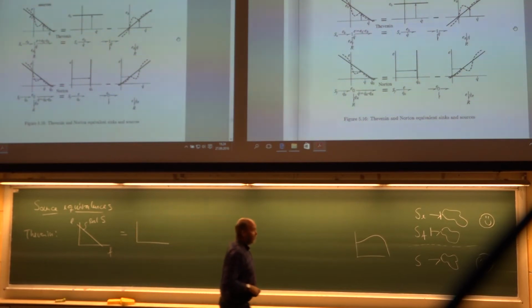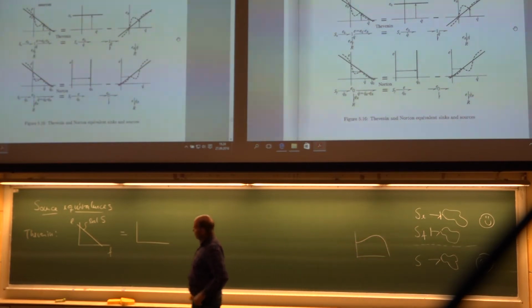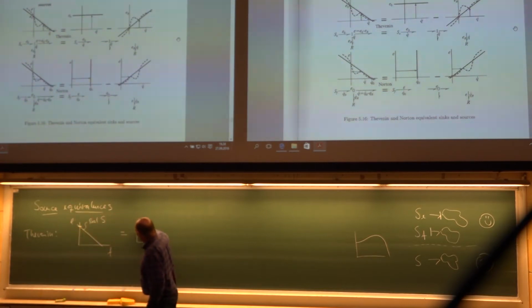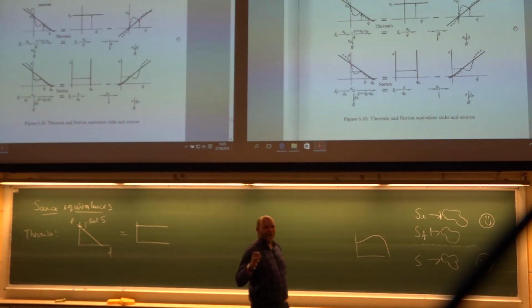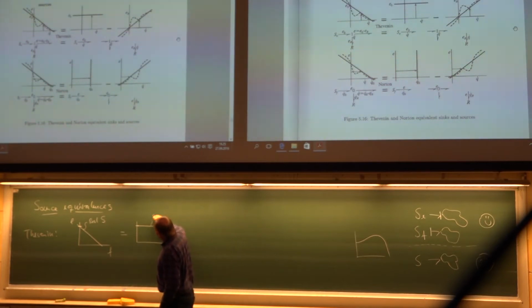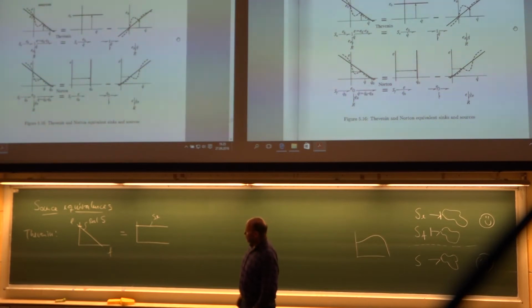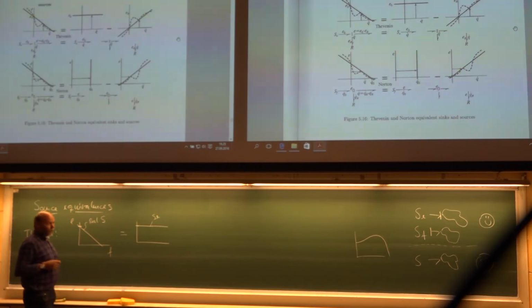I will have an effort source, perfect effort source. Then I have to look at this point here and say this is my ideal source. So here I have an S effort, but I don't really get the behavior I would like to have.